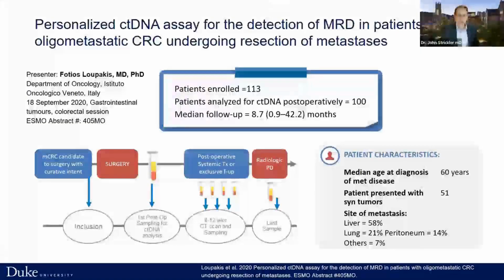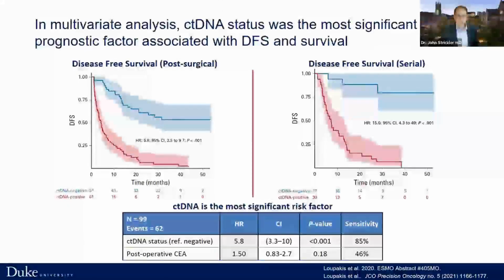This is data out of Italy, enrolled 113 patients, all of whom had stage 4 metastatic disease, all of whom went for surgery with curative intent. And then they drew blood at regular intervals after that surgery. And I know not everybody is familiar with looking at these disease-free survival curves, but the key thing to know is the best disease-free survival is up here, and the lowest disease-free survival is down here.